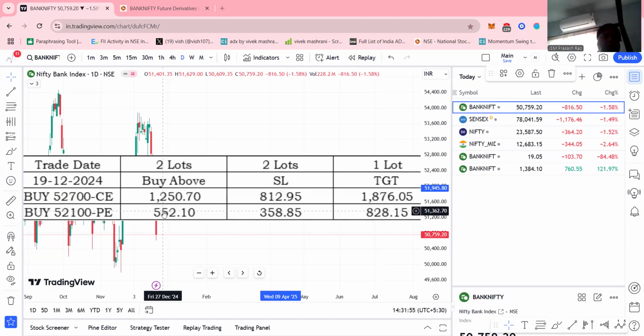Yes, sir. I'm saying, once I enter at 552, my stop loss is 358, right? My first target, I will give around 150 to 180 points. So once it touches around 700, we will exit the first lot, and keep our stop loss for the second lot at break even, so that our capital is safe.